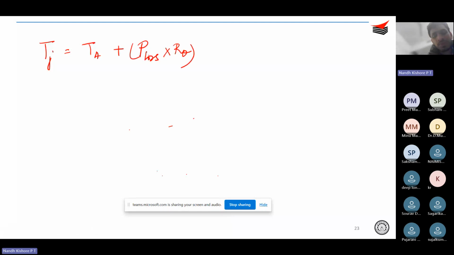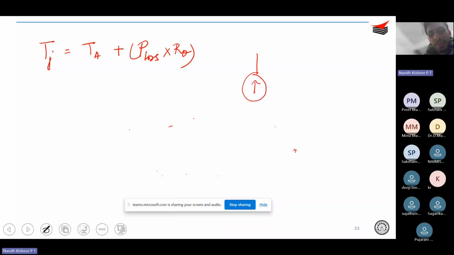If you draw the thermal equivalent model, you have a P loss current source, and let me call this Tj.